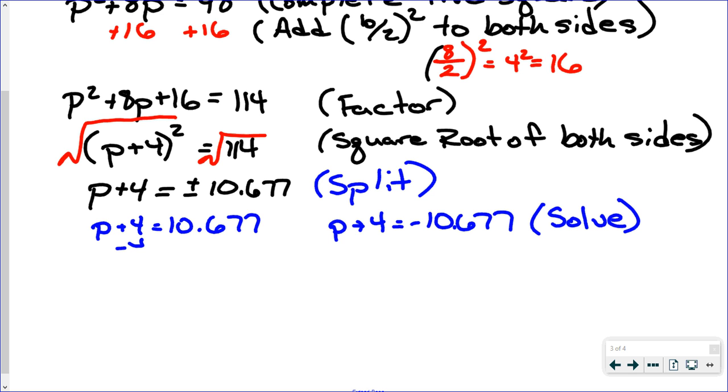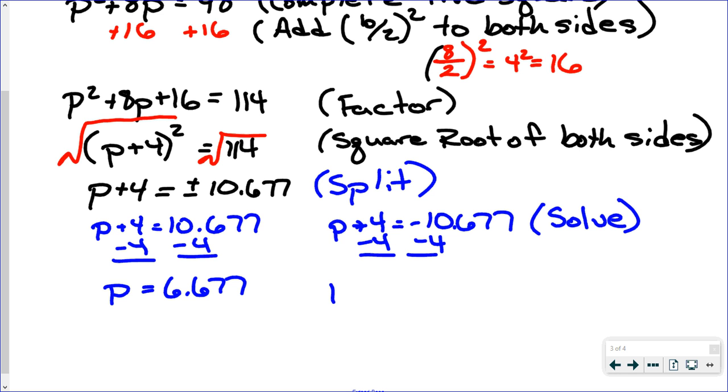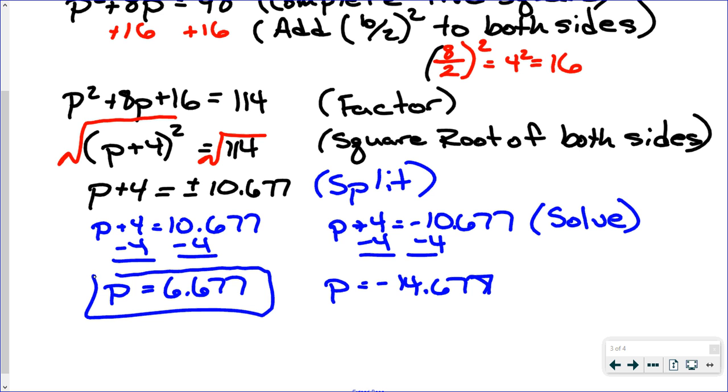So minus 4, minus 4. That gives me p equals 6.677. That's a plus sign there. Minus 4, minus 4, p equals negative 14.677. That's a 7, I promise. And there's your two solutions. So that's called completing the square.